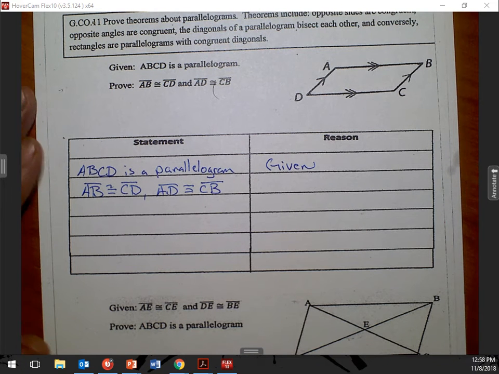What's my reason? Two pairs of opposite sides are congruent, but where'd that come from? It came from the what of the parallelogram? The properties, or we would call it the definition. So the definition or properties of a parallelogram.